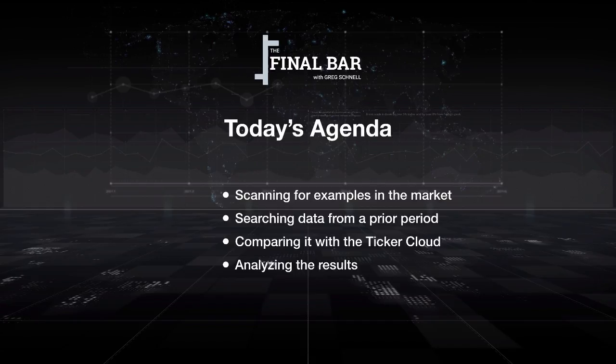Searching data from a prior period is easy to do, but you have to remember that the results that show up on the screen are today's price and today's ranking, that type of thing. And then once you're in that situation, compare it with the current ticker cloud. And if you start to see a correlation of these stocks coming back into favor, it's probably a good correlation to make.